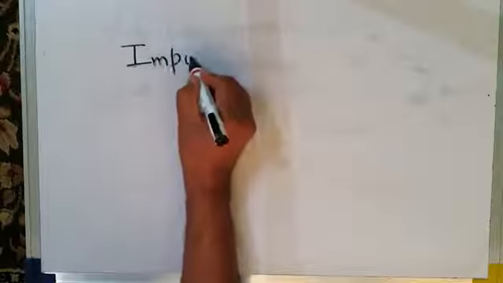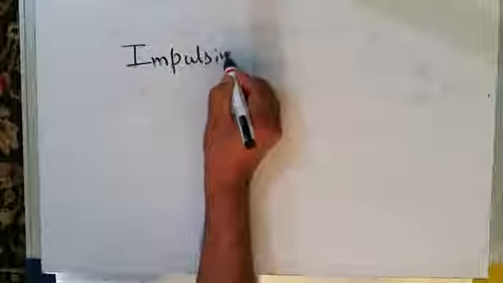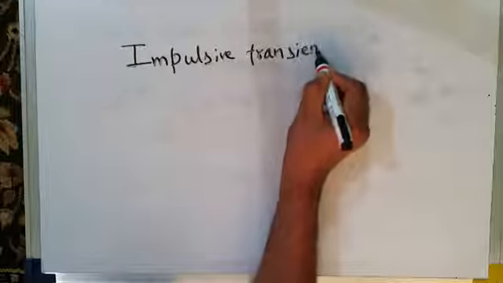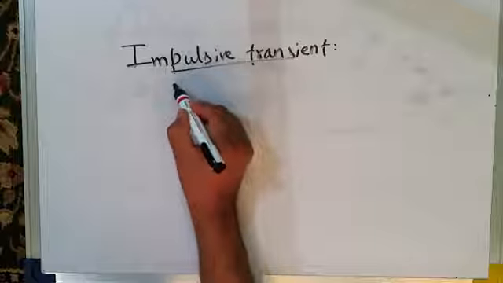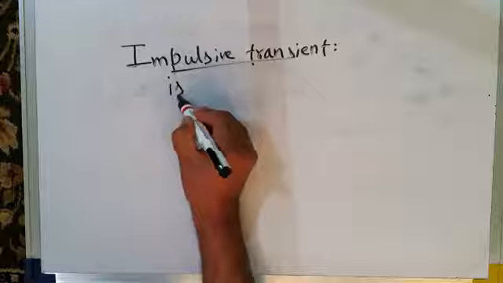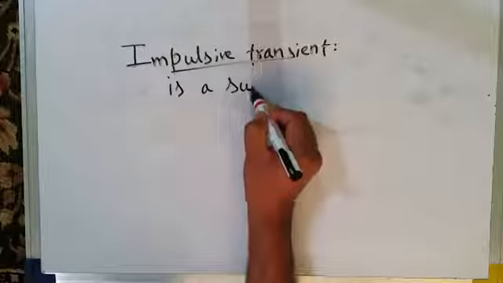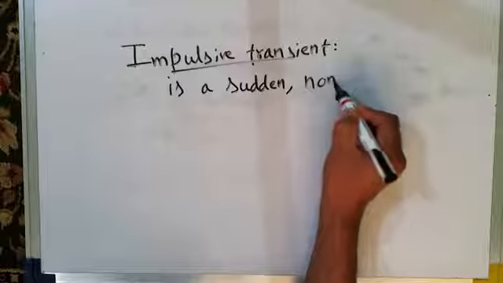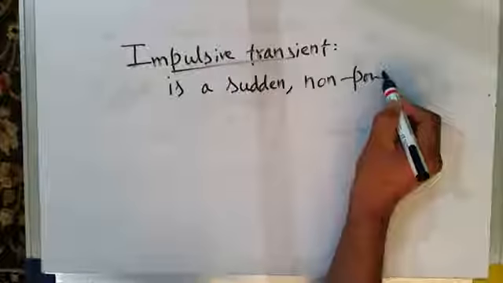Impulsive transient. How do you define an impulsive transient, and what actually is an impulsive transient? Well, an impulsive transient is a sudden non-power frequency unipolar change. All right, an impulsive transient is a sudden non-power frequency change.